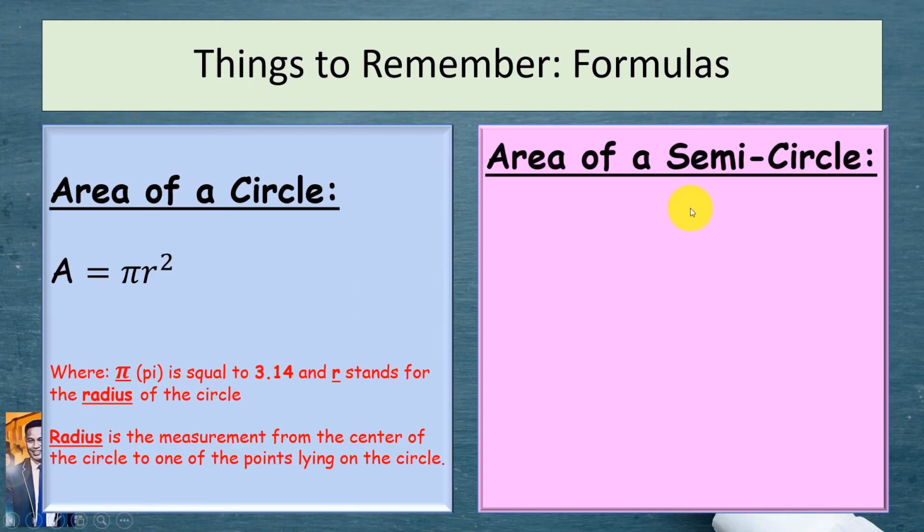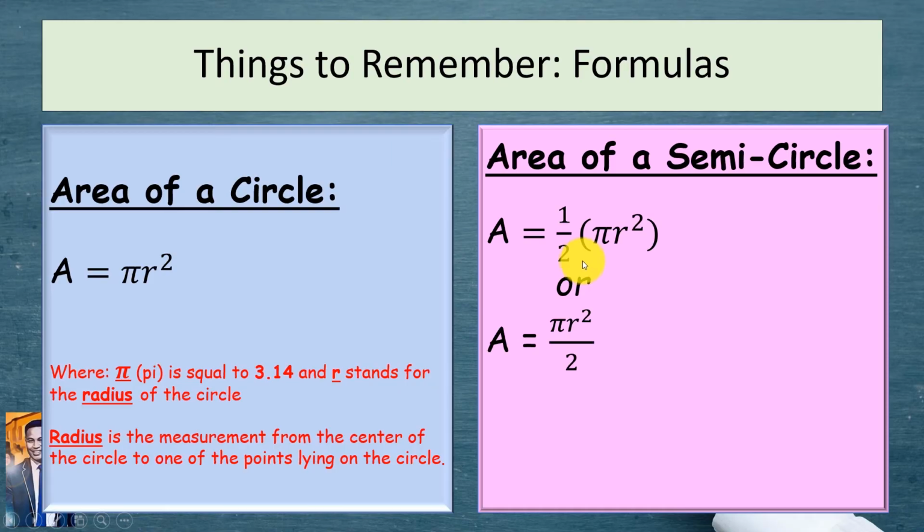Next, semicircle. Area of a semicircle is equal to 1/2 pi r squared or pi r squared over 2. As you notice, pi r squared, ito yung area ng circle, because a semicircle actually is half of a circle.